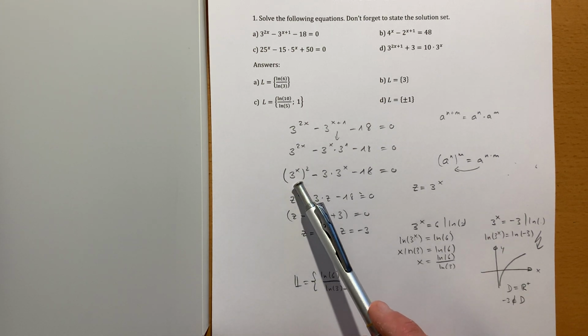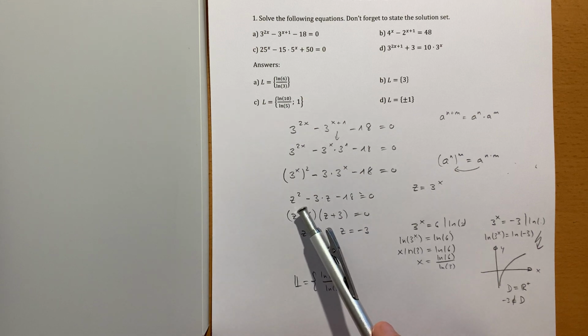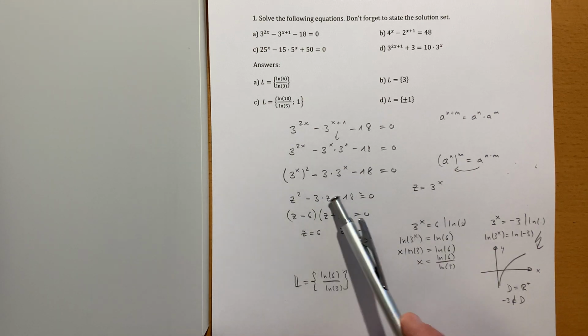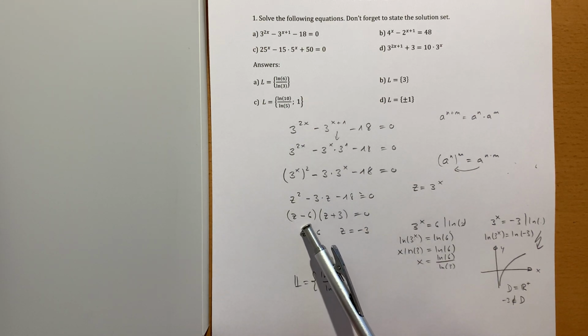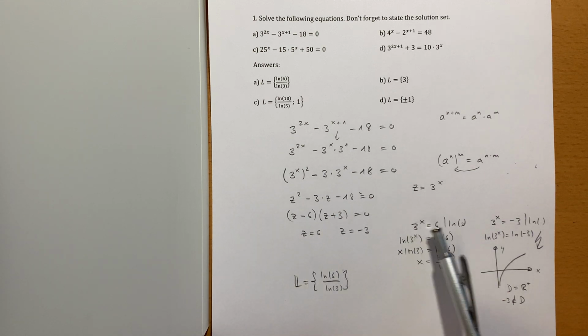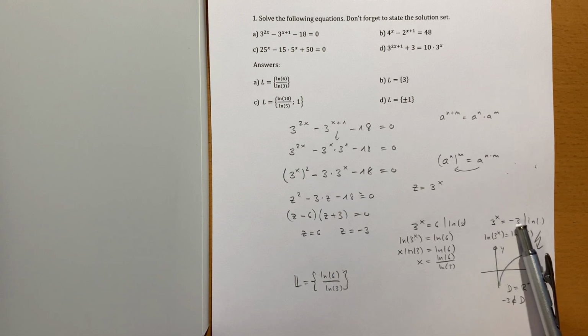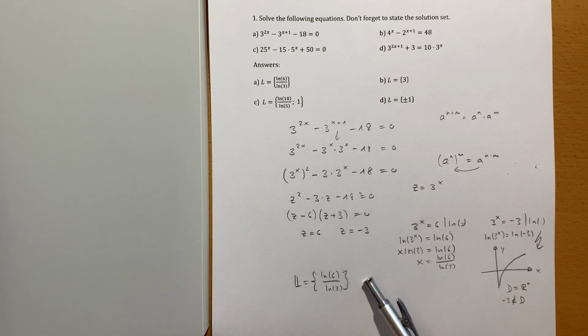So you can substitute the 3 to the x by z, plug it in here, work out the values for z. You get two solutions. Then you resubstitute, and you see, well, this can be worked out. x is ln 6 over ln 3, but this cannot. So the only solution that satisfies this equation is ln 6 over ln 3.